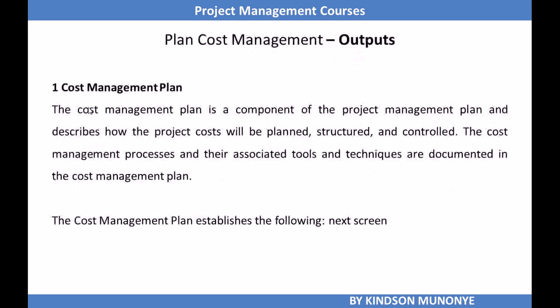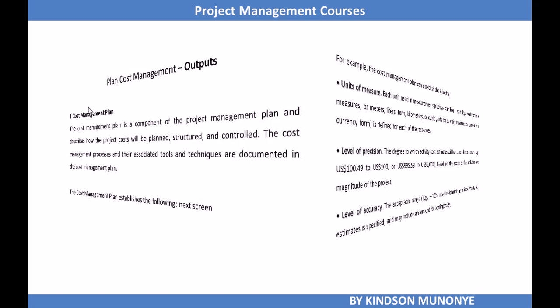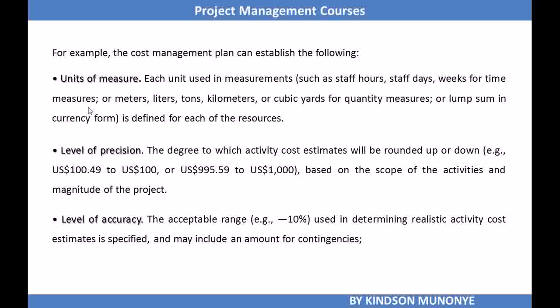Let's now take a look at the outputs. The output of plan cost management is just the cost management plan. Now, the cost management plan is a very rich and comprehensive document that describes how project cost will be planned, structured, and controlled. The cost management plan establishes units of measure.